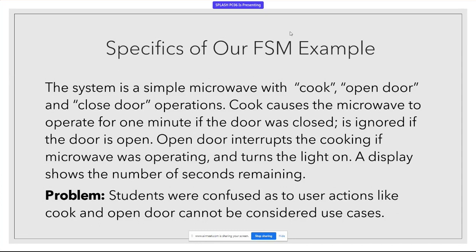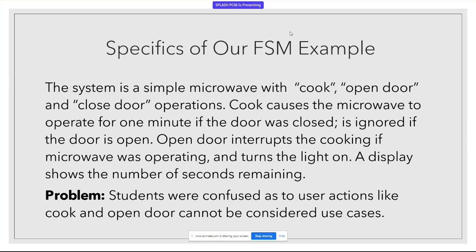And when you press the cook button, it cooks if the door is closed, obviously, and it cooks for 1 minute. And if you press the cook button again, it adds 1 minute to the cooking process, and so on. And the usual behavior of the microwave, if it is cooking, the light turns on. If you open the door, the light turns on. If you close the door but you are not cooking, then the light is off, etc., etc.